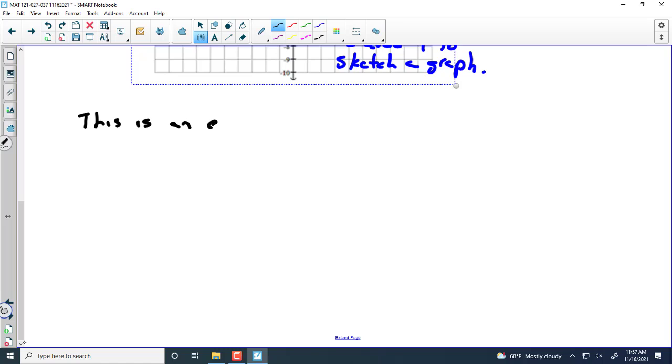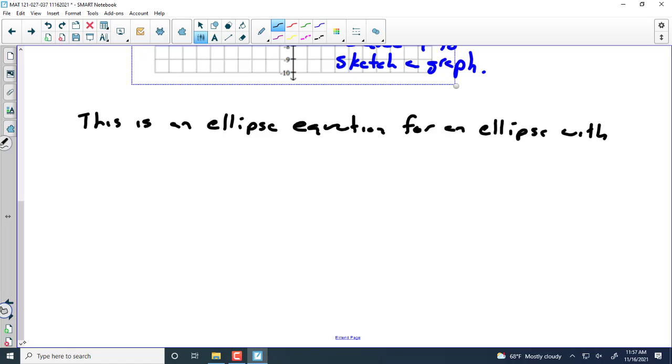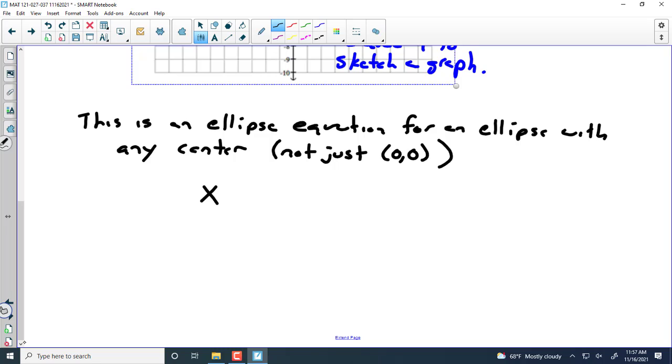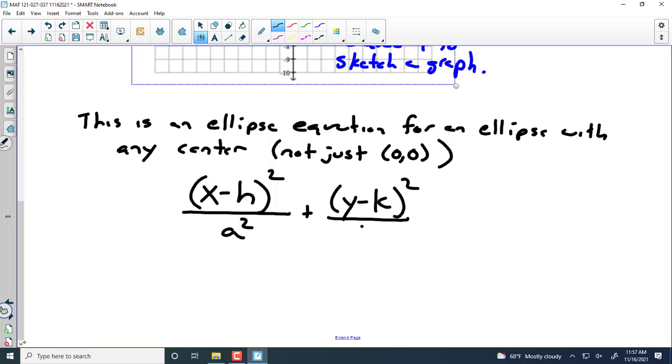This is an ellipse equation for an ellipse with any center, not just 0, 0. This is what the equation looks like for an ellipse, where the center could be anywhere.